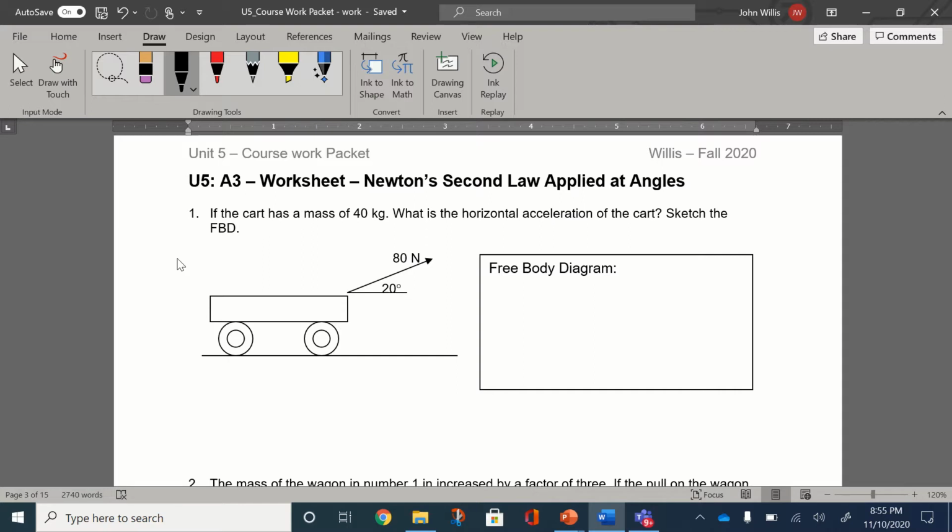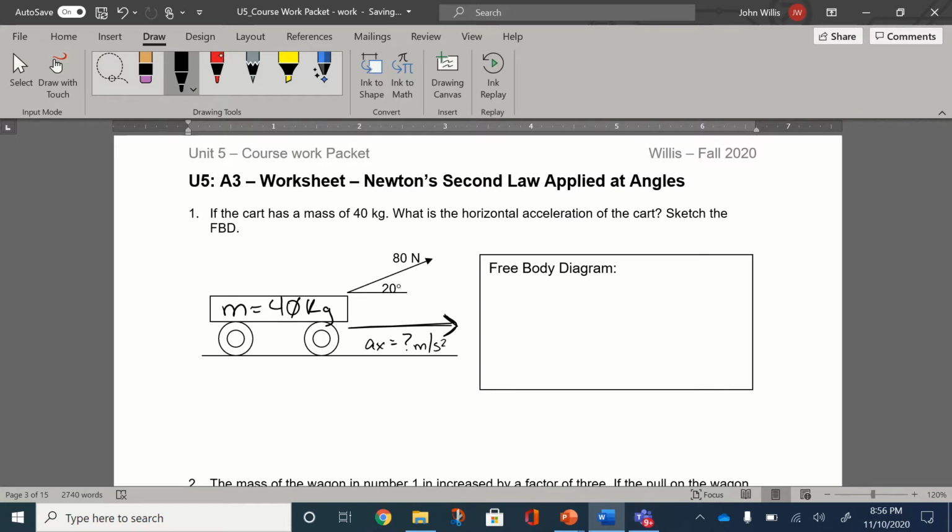Anyways, so we've got a cart. You're pulling this wagon, this cart with a mass of 40 kilograms, and they want to know what the horizontal acceleration of this cart is going to be. Now, any acceleration horizontally in that x-axis is going to be the result of a force exclusively in that x-axis.